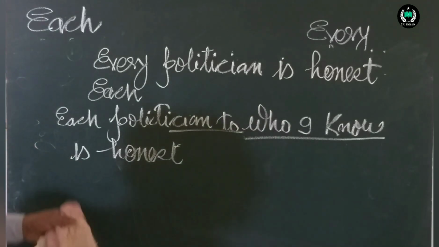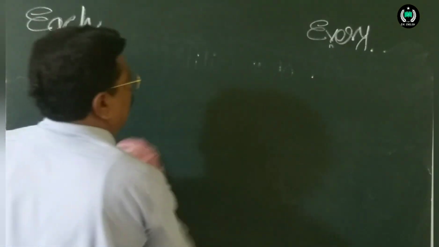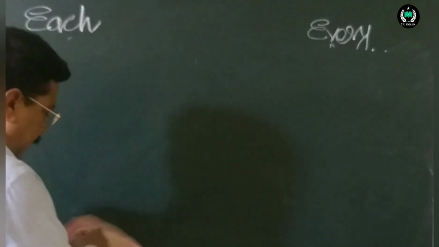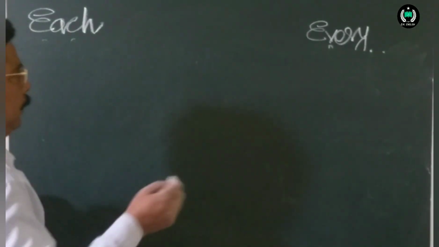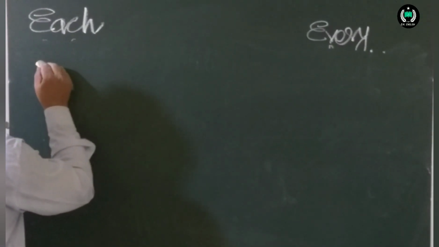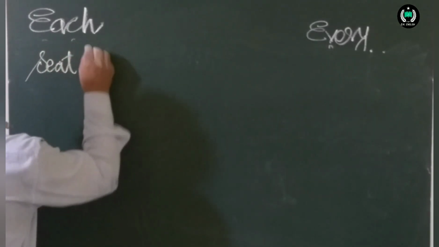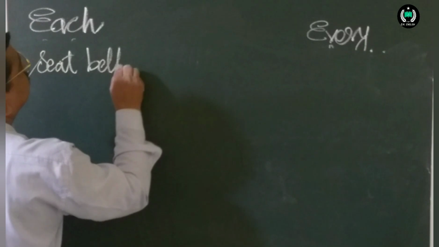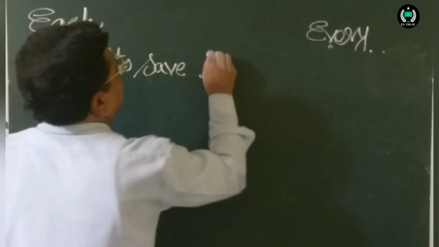Now yesterday I gave one sentence and my students got confused. It was a bit surprising for me. Here I am writing the same sentence once again, and today I hope that you will understand. Now, seat belts save lives.